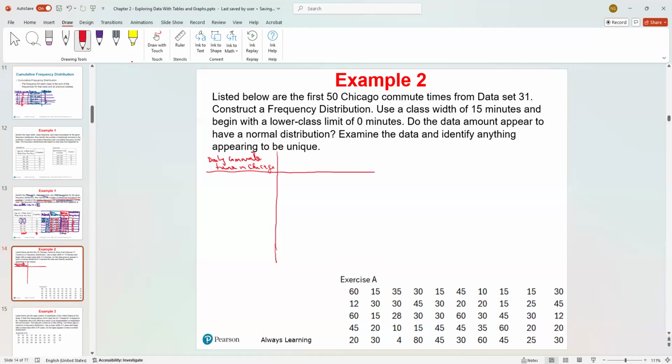Remember, each class interval has a lower class limit and an upper class limit.